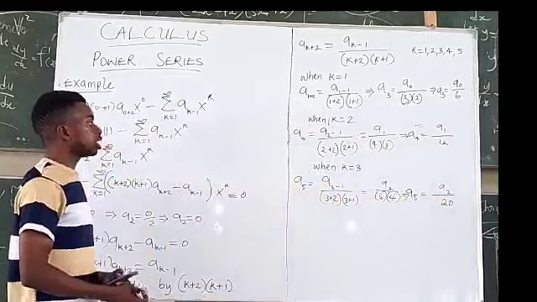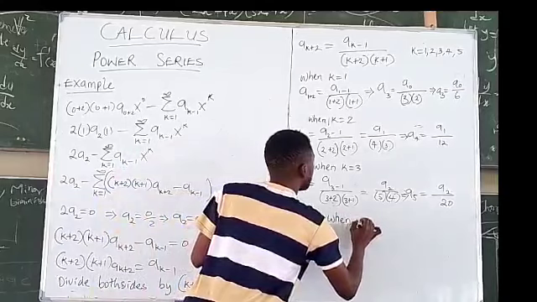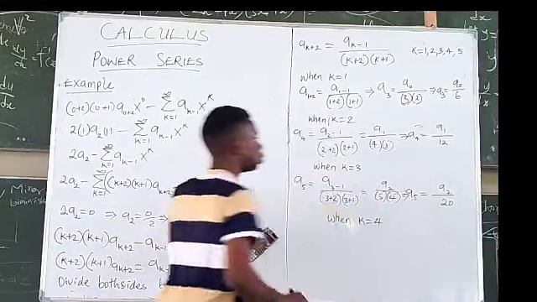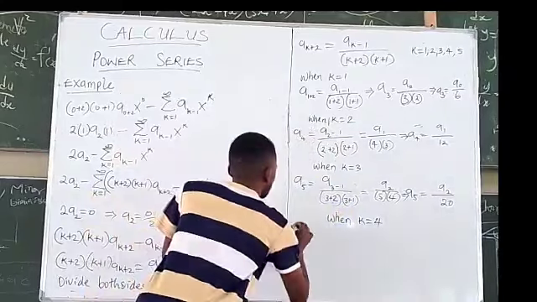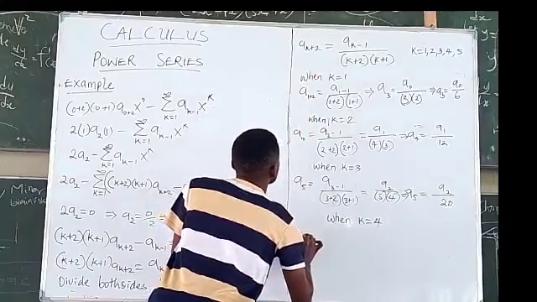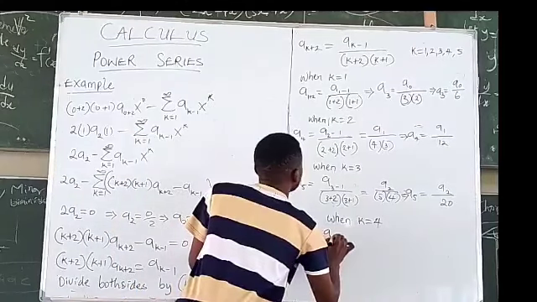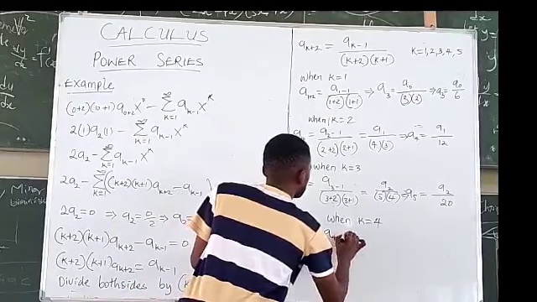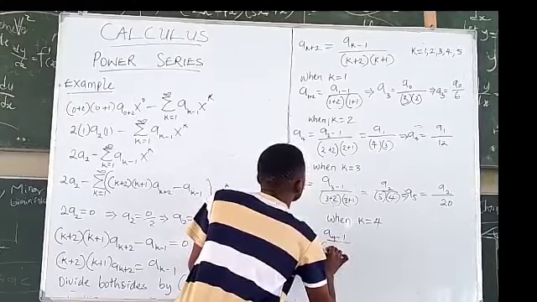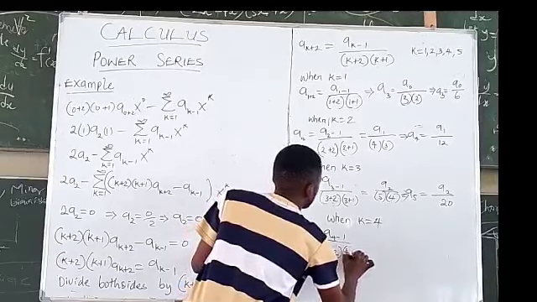Then the next, when k is equal to 4. When k is equal to 4, we put 4 here, it becomes a6 is equal to a4 minus 1 all over 4 plus 2 and 4 plus 1.